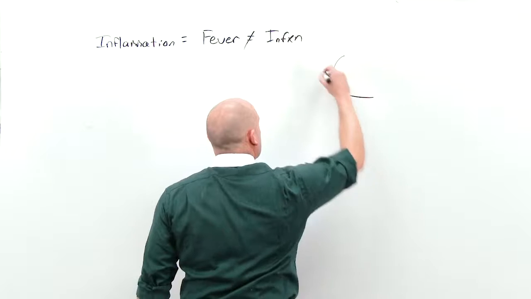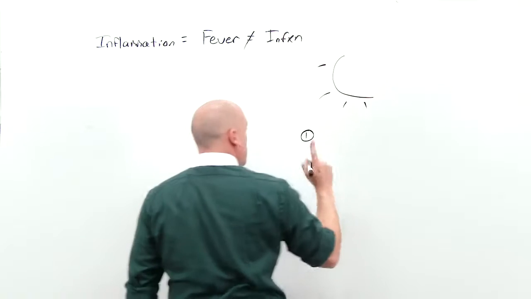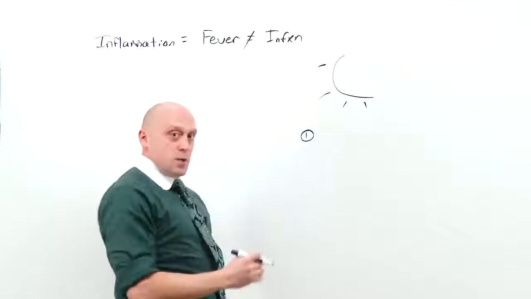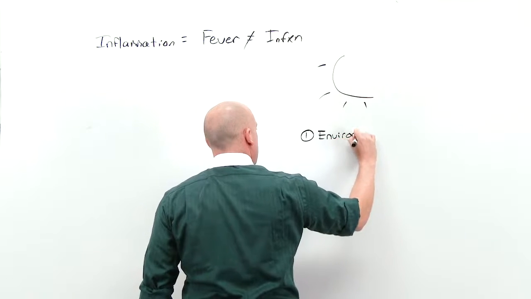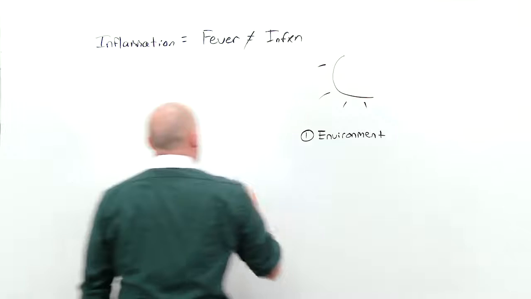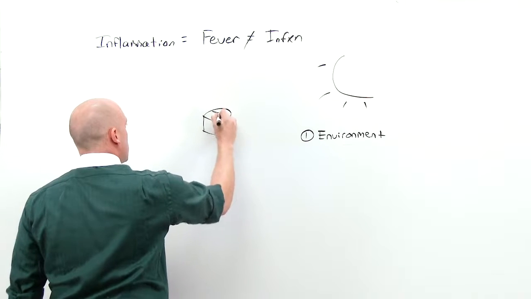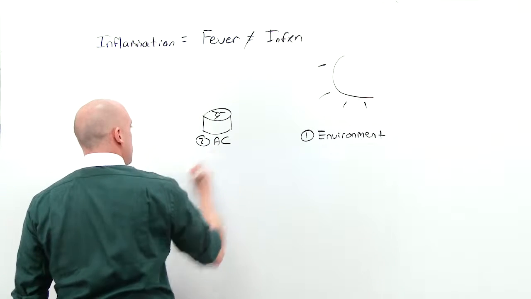In the world, the sun shines. The first cause, or major category, of things that can cause an elevated temperature is the environment. Most houses have a cooling mechanism, such as the AC, the air conditioner.